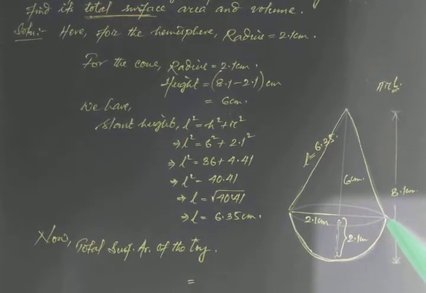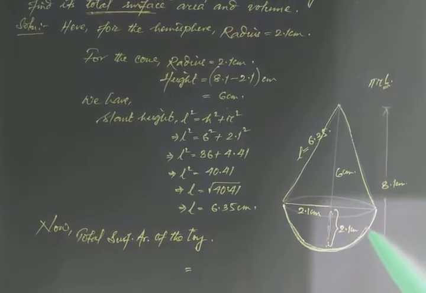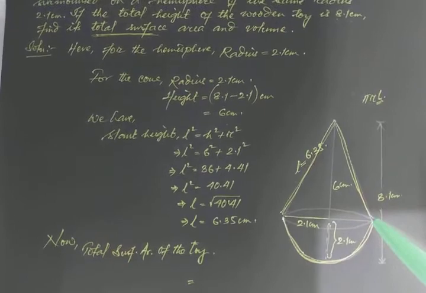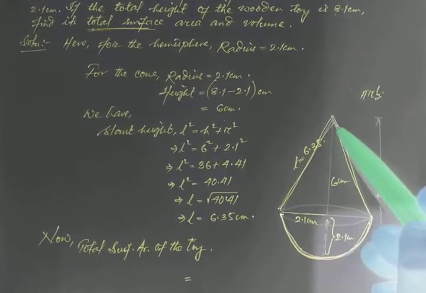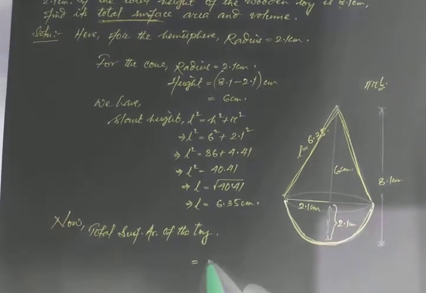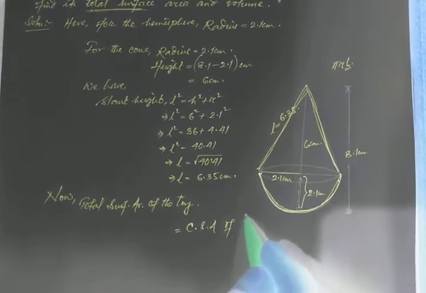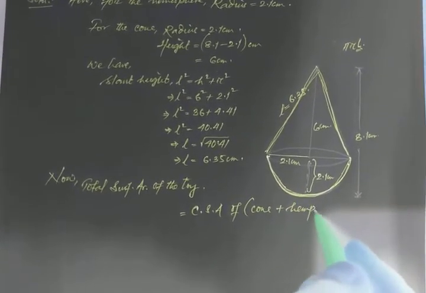That will be curved surface area of cone plus curved surface area of hemisphere.